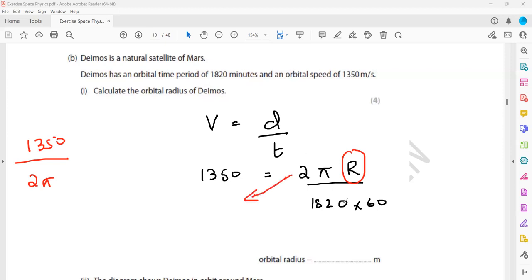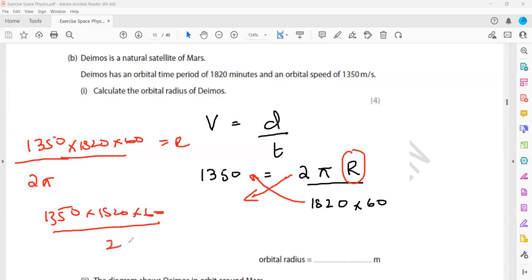And 1,820 times 60 is divided by r, so it is multiplied on the other side. That's why it is 1,820 times 60. That will give the value for r. So it is 1,350 times 1,820 times 60 divided by 2, and the value of pi is 3.14. That's why we write 3.14, and that's how we got 2 into 3.14 in the denominator.